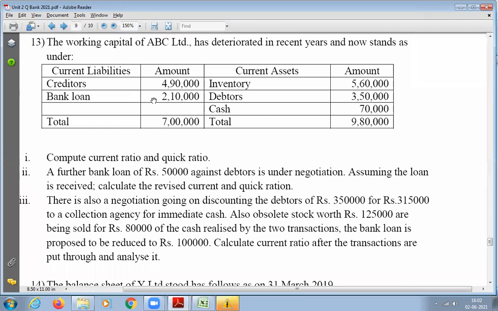Any one of you please read question number 13. Or do you want me to call out the VIP names? Sneha is there with us?